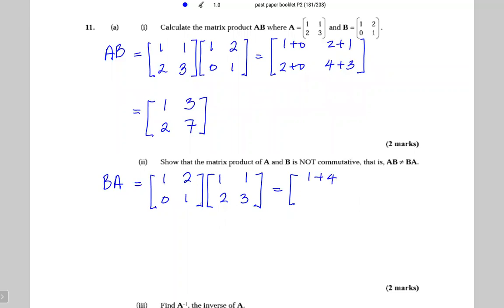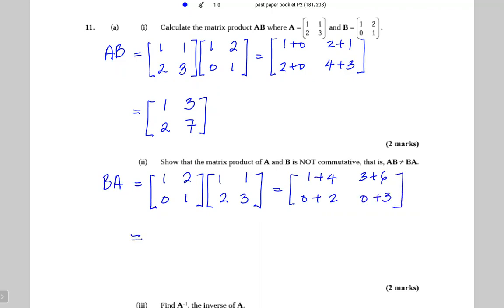Top row right column, 1 times 3 is 3, 2 times 3 is 6. Bottom row left column, 0 times 1 is 0, 1 times 2 is 2. Bottom row right column, 0 times 1 is 0, 1 times 3 is 3.